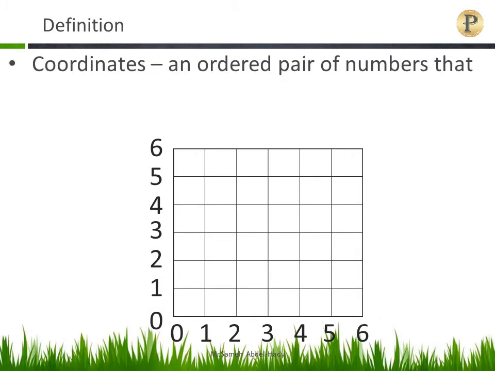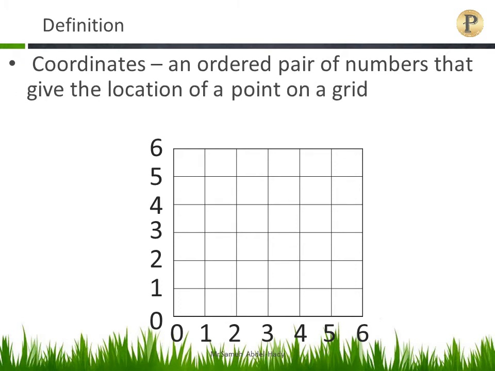So if we want to locate any point in this grid, we have to determine distances or coordinates on each x-axis and y-axis. You see, if I want to locate the point 3 and 4, as you see in the screen, the coordinates are an ordered pair of numbers that give the location of a point on a grid, like 3 and 4.